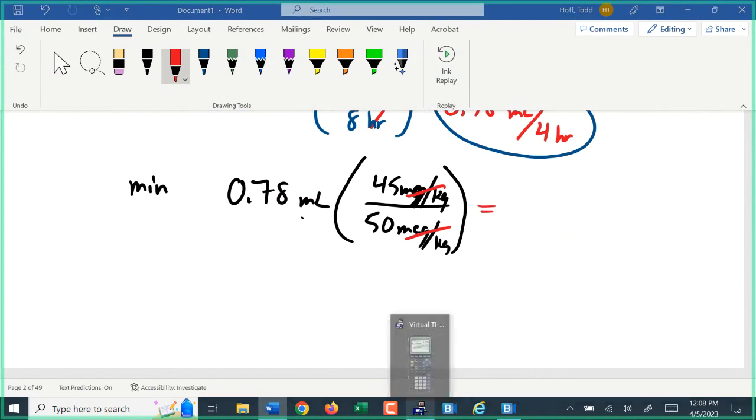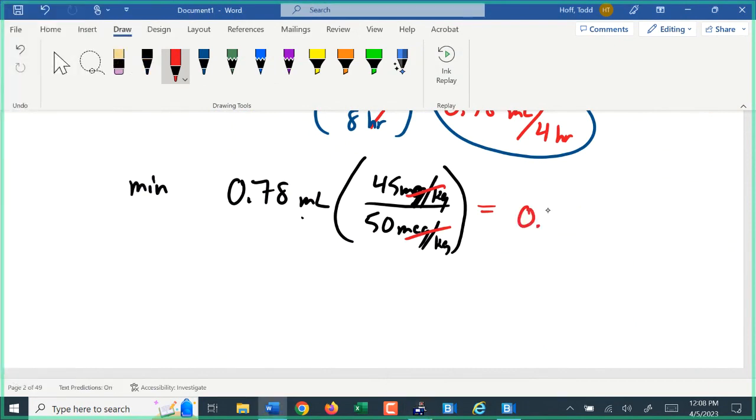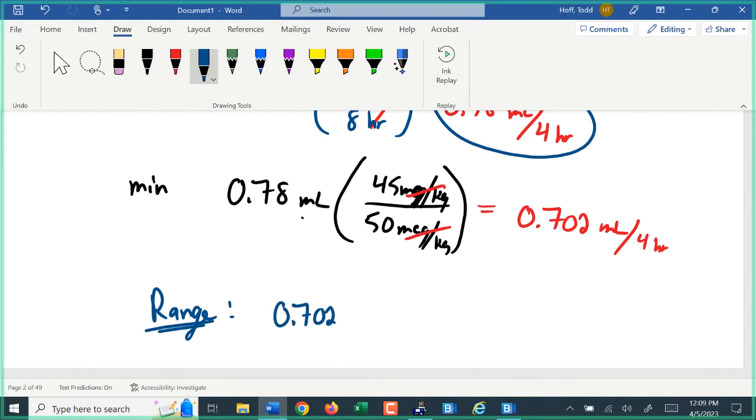We'll take our 0.78 times 45 and divide it by 50, which gives us 0.702. That'll be milliliters every 4 hours. So our allowable range here is to be 0.702 milliliters every 4 hours to 0.78 milliliters every 4 hours.